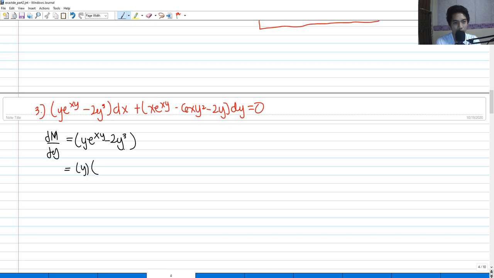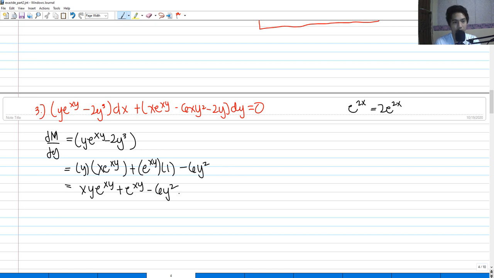My derivative would be x e raised to xy, just like the derivative of e raised to 2x is 2e raised to 2x, where the 2 is the constant x. Plus, copy the second one and differentiate y, that is 1. Minus, with respect to y, we have 6y squared. Simplifying, you have xy e raised to xy plus e raised to xy minus 6y squared.